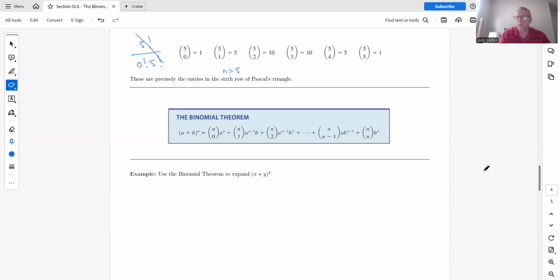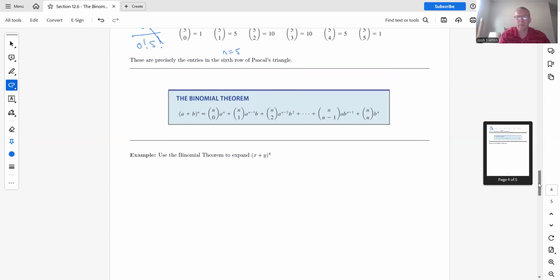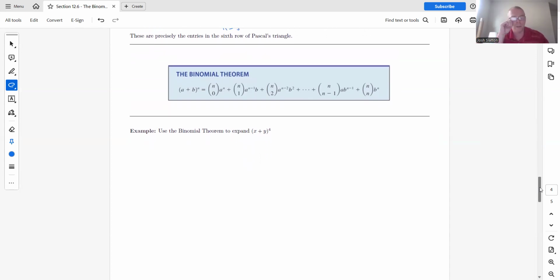So just to do a quick simple example here, (x plus y) to the 4th. And so we'll use this theorem here. You can use Pascal's triangle if you like, but we're going to use the theorem. So first term will be 4 choose 0, x to the 4th, y to the 0, if you like.